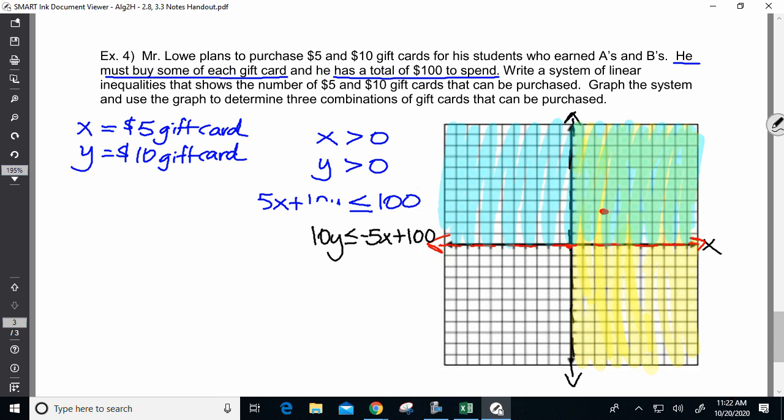Divide everything by 10. y is less than or equal to negative 1/2 x plus 10. y-intercept is 10. Down 1, right 2. I can't go any farther.